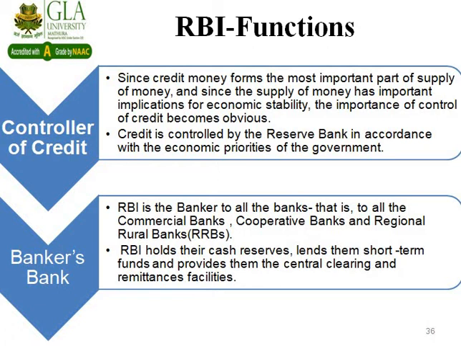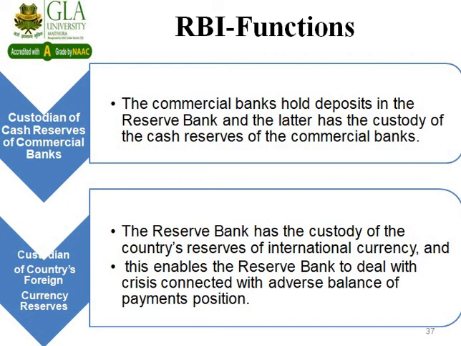RBI holds their cash reserves, lends them short-term funds and provides them central clearing and remittance facilities, just as commercial banks give these kinds of facilities and services to their retail customers and corporate clients, right? RBI is the custodian of the cash reserves of the commercial banks and the custodian of the country's foreign currency reserves.